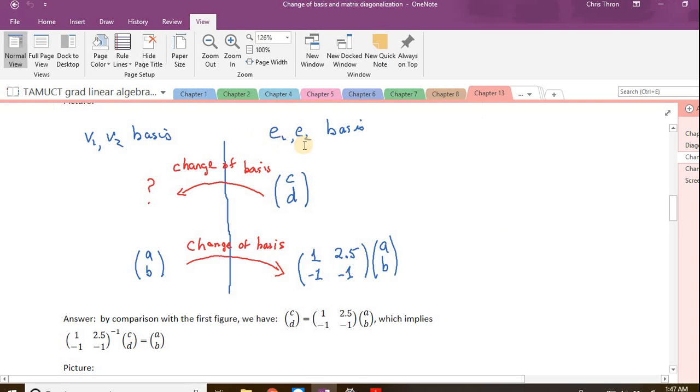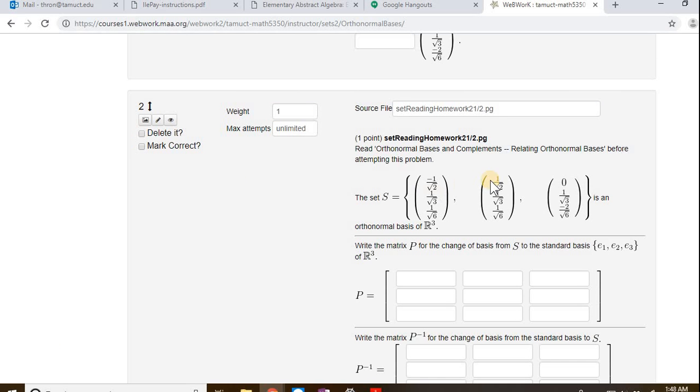Change a basis from V to standard basis, and the matrix is here, and this matrix can be obtained using the basis vectors v1, v2, and he gave you the basis vectors here, so it should be pretty much apply the same thing here that was applied in the OneNote. So just follow the logic through. That's how you would think about it.